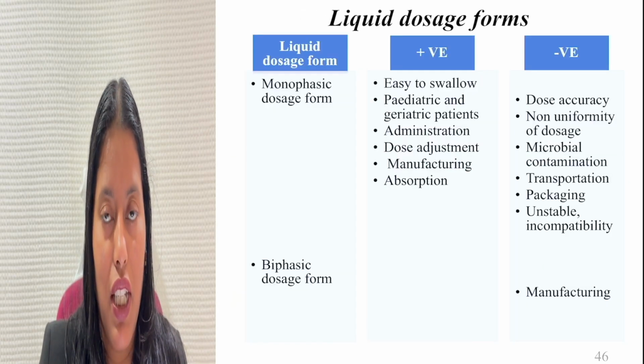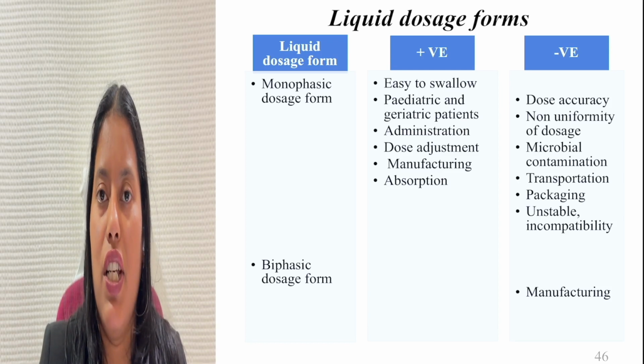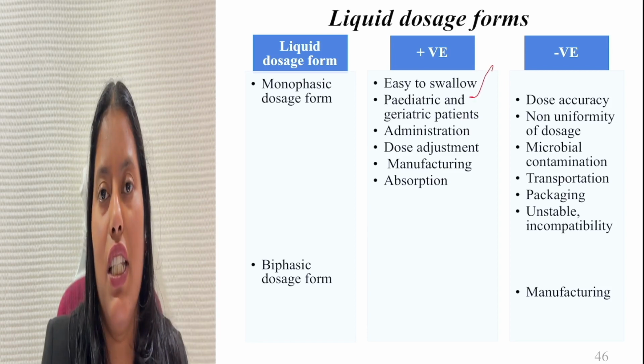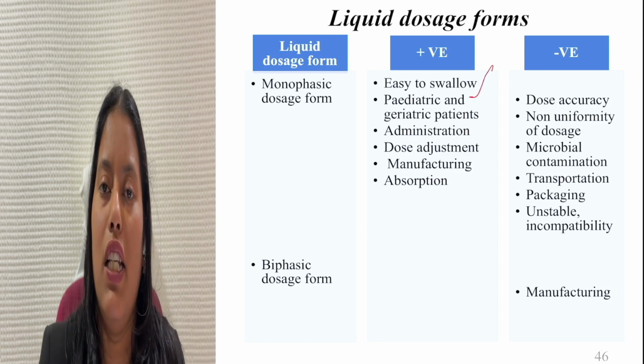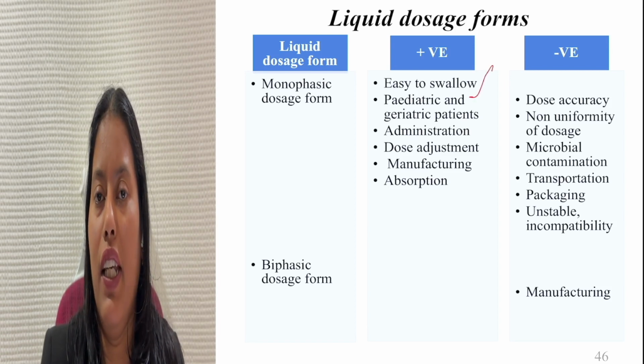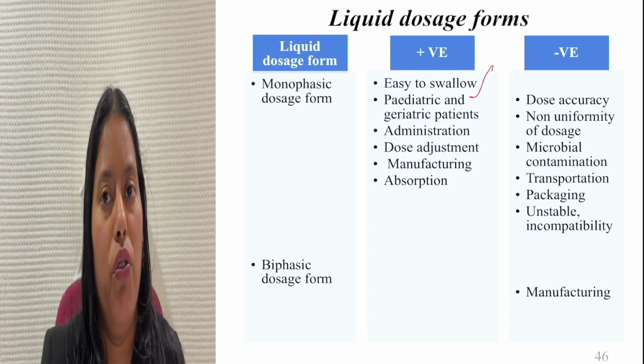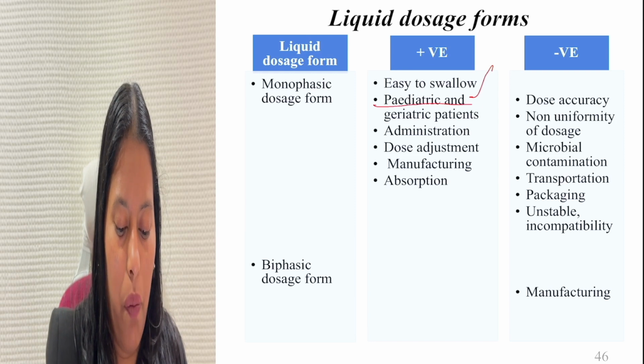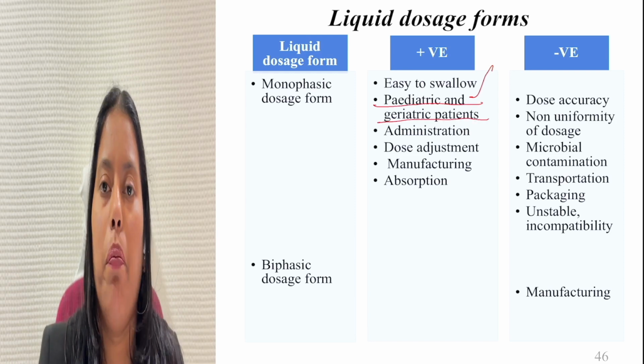Now let us see the different advantages and disadvantages of the liquid dosage form. First is easy to swallow. As it is a liquid dosage form, it is very easy to swallow. You do not even need water to swallow the dose. And it is easy for pediatric and geriatric patients.